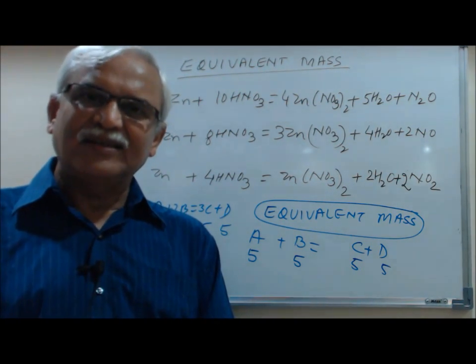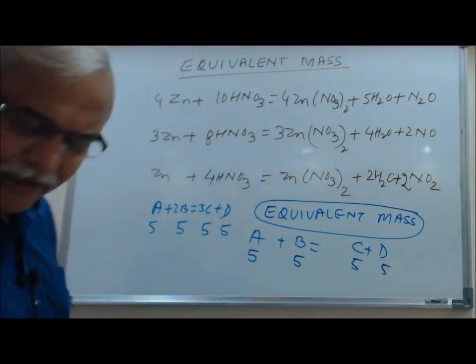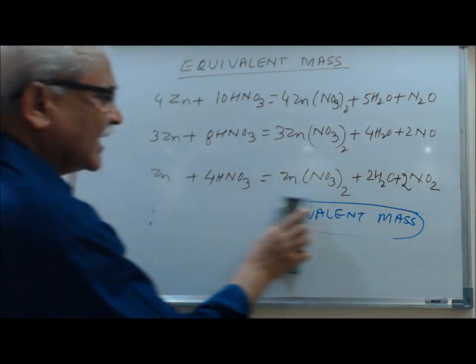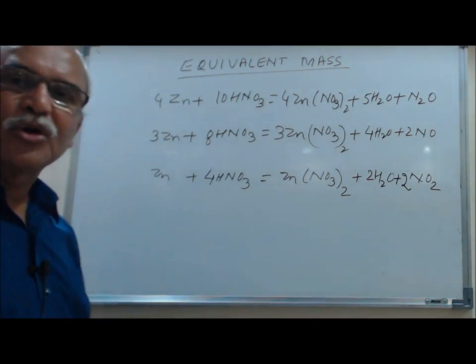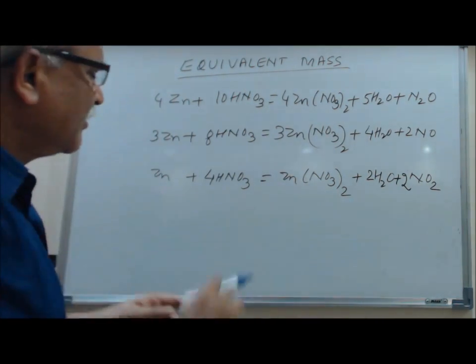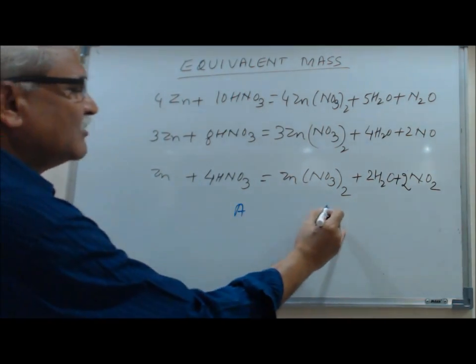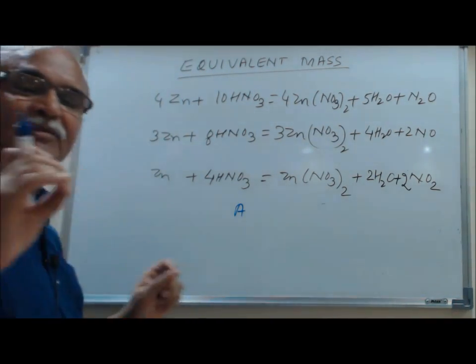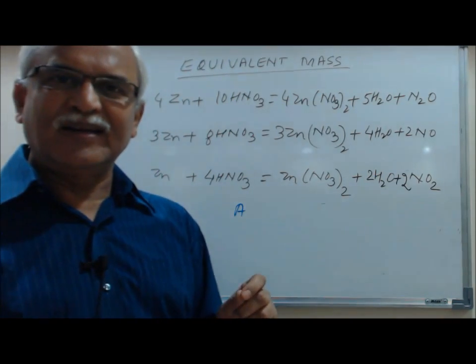It is. Which means even if I do not know in what ratio the reaction happens, even if I just happen to know that somebody says that A reacts with B, I do not know what the reaction is, this information is sufficient numerically.